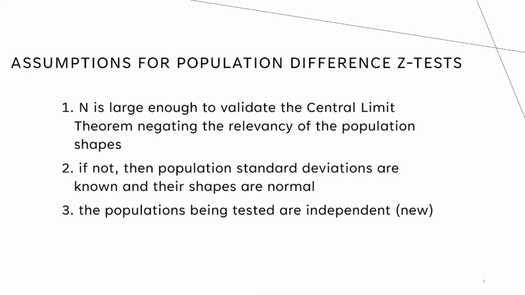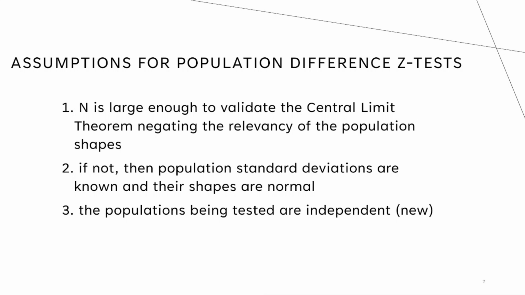So it doesn't matter if it's Poisson or uniform or exponential or whatever. If n is large enough, and our standard is 40, and that still applies here. If they're both large enough, then we're fine. We can use the normal distribution and use z-tests.